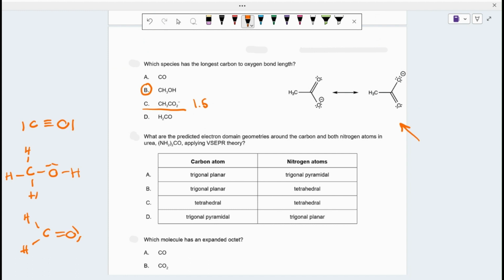Next question, what are the predicted electron domain geometries around the carbon and both nitrogen atoms in urea? Urea looks like this.